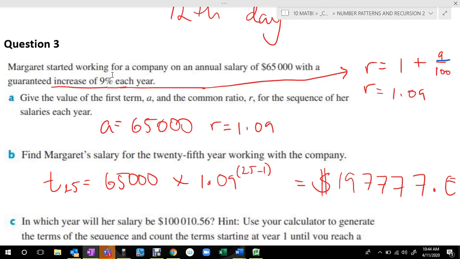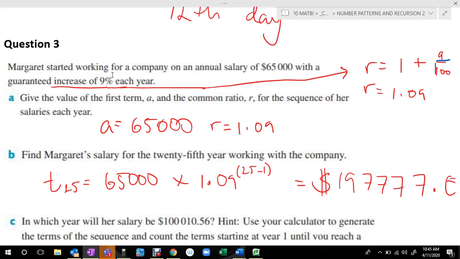Does that make sense? Okay, so just make sure you understand whether you're using first year or starting year, starting term. At the end of the day, if you use first year and use the correct nth term, you'll still get the correct answer anyway, if you think about it. Does that make sense? And if you use starting year, and you use the correct nth term for that, you'll still get the correct answer, regardless.